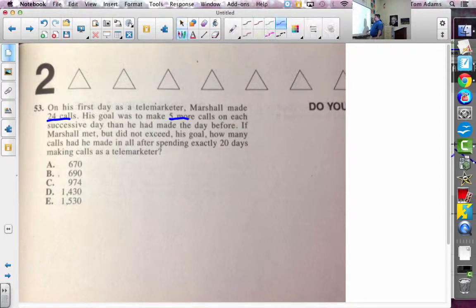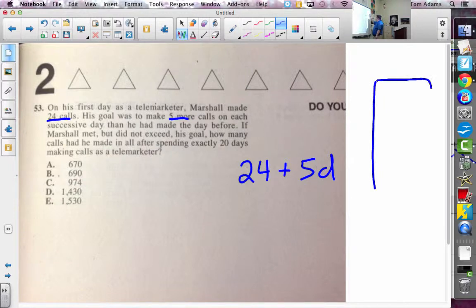On his first day, he made 24 calls, and then he wanted to make 5 more for each day after that. So on day 0, his first day, how many would he have made? 24.